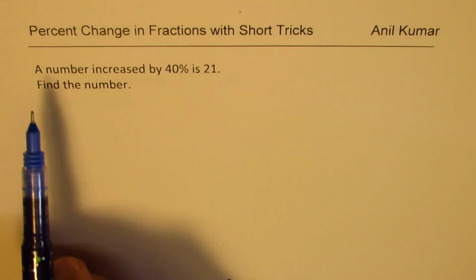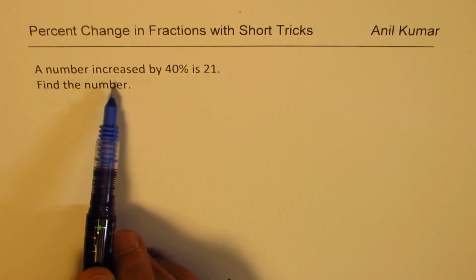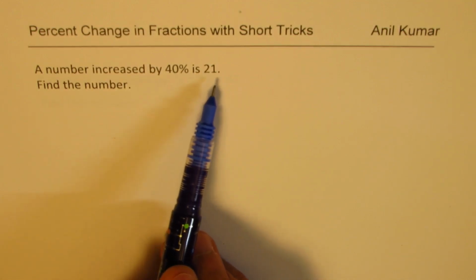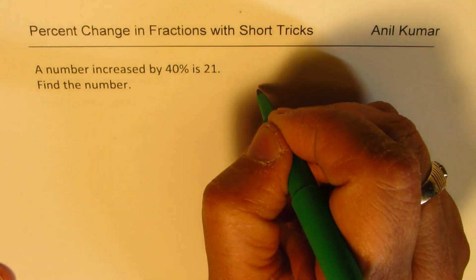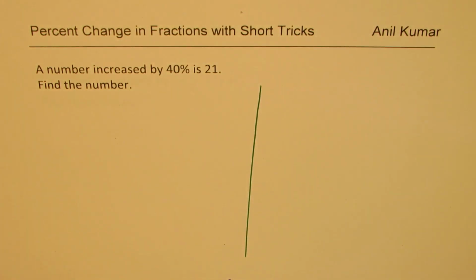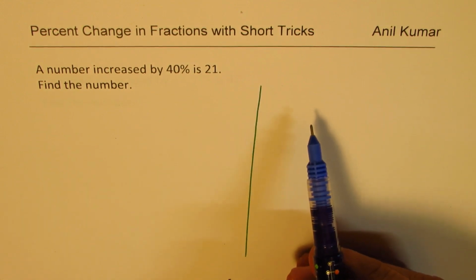So I've taken up a simple question here. A number increased by 40% is 21. Find the number. So how are you going to do it? Well, we'll use two methods here. One, we'll do by normal method of algebra, and second, we'll develop a concept of using fractions, right?